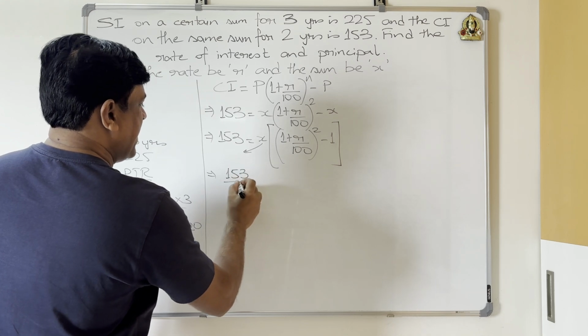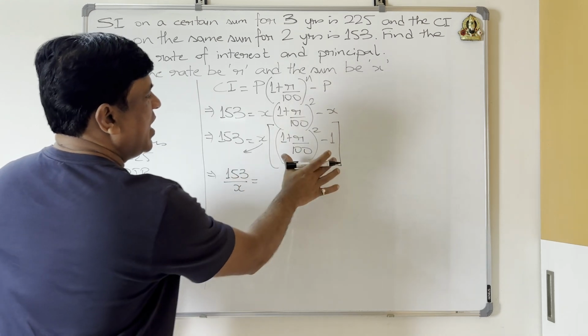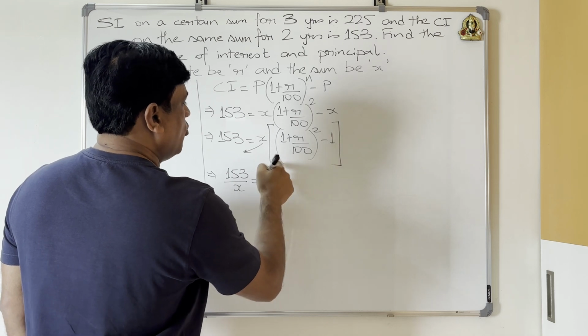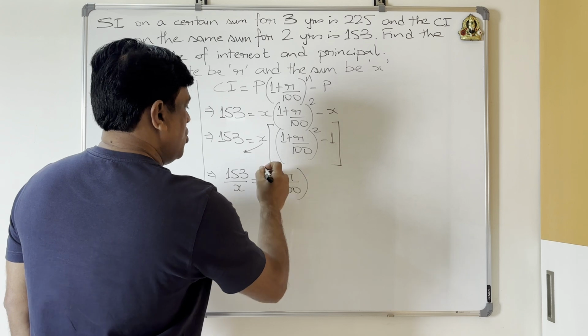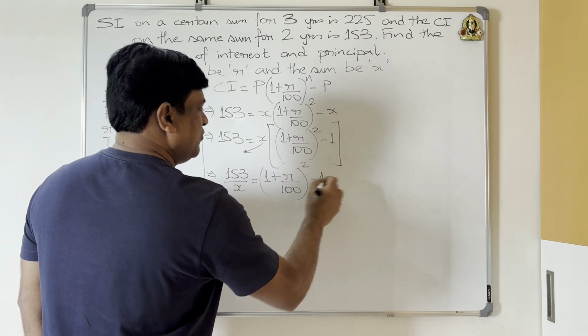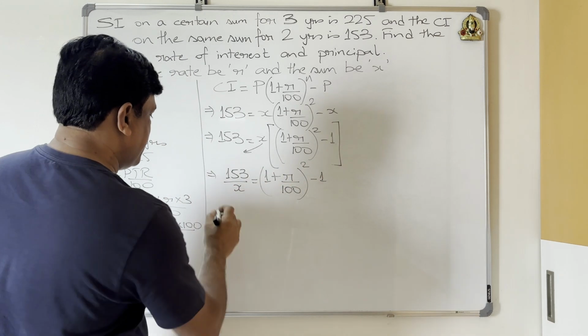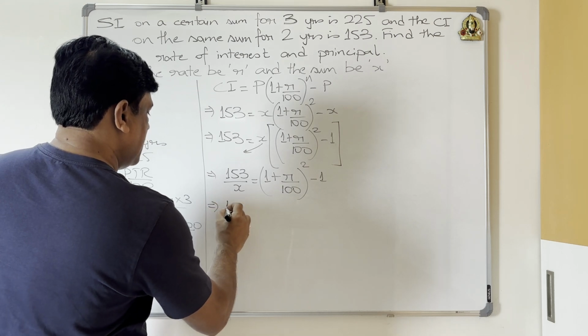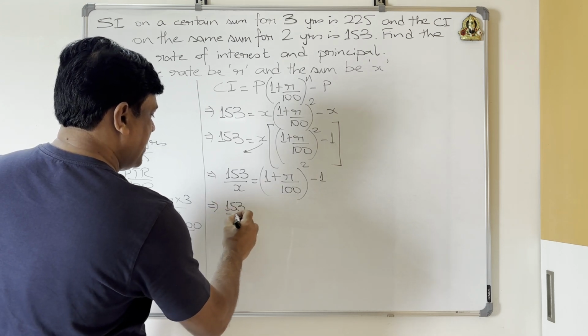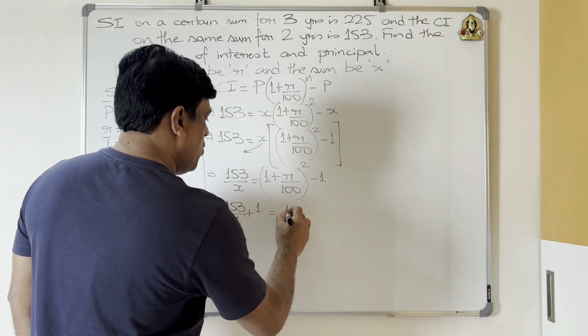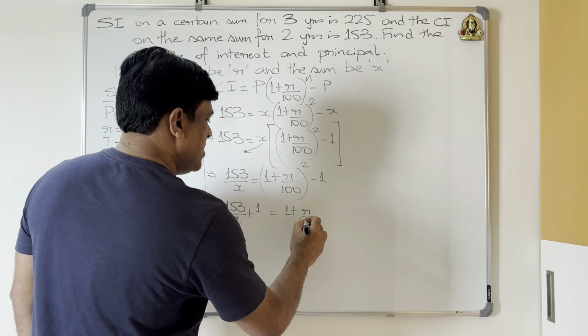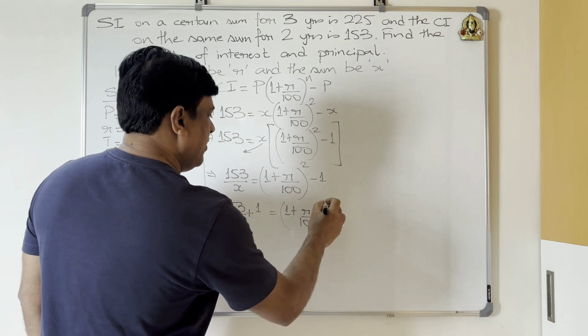153 by X is equal to, I have these two quantities. Now I can open this big bracket and leave it, 1 plus R by 100 whole squared minus 1. I can bring this minus 1 over here. I'll put it as 153 by X plus 1 is equal to 1 plus R by 100 whole to the power 2.